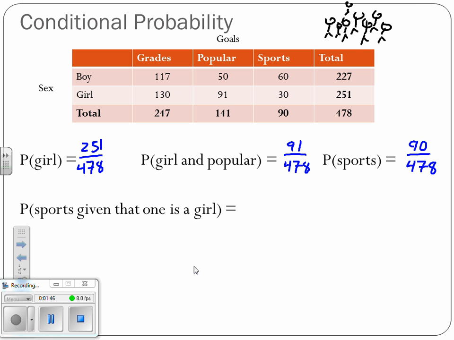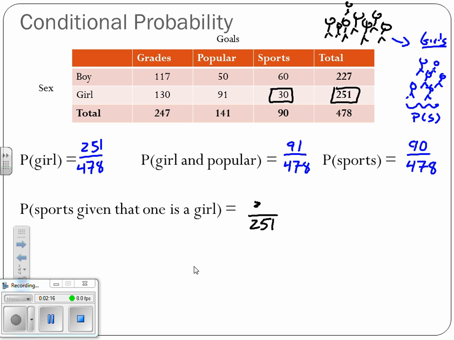So we're going to pull out all of the girls, and all the girls are going to come stand in a group over here, and out of this group of girls, we're going to figure out the probability that they like sports. So our denominator here is changing. How many girls were there? There were 251 girls. And out of those 251 girls, how many like sports? 30.